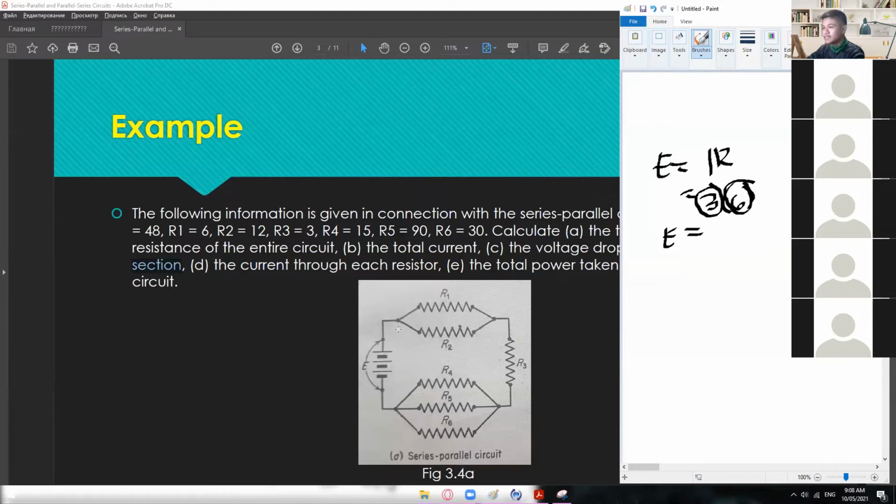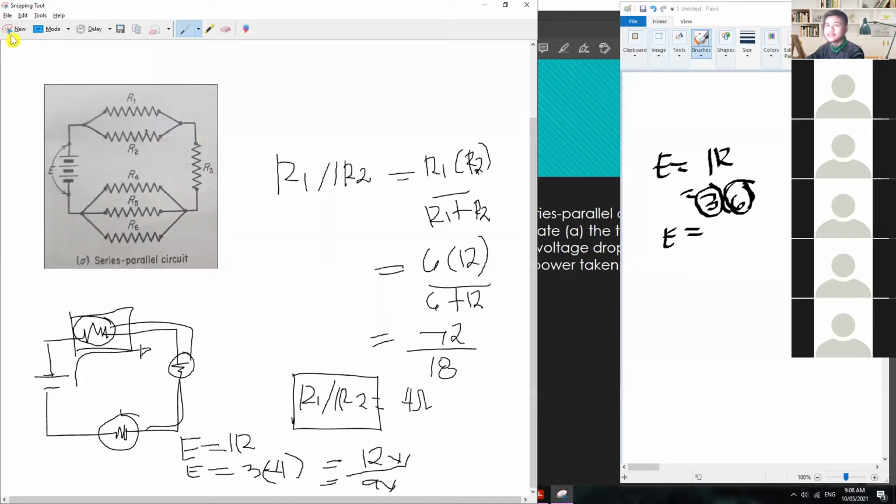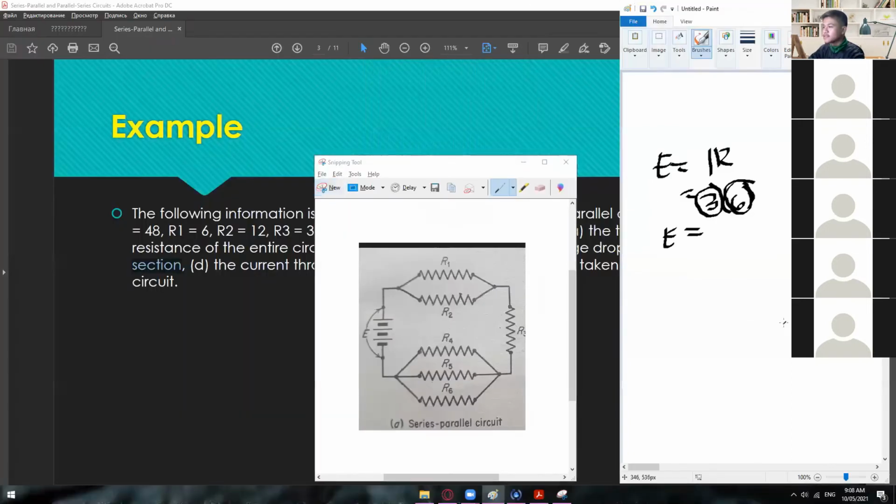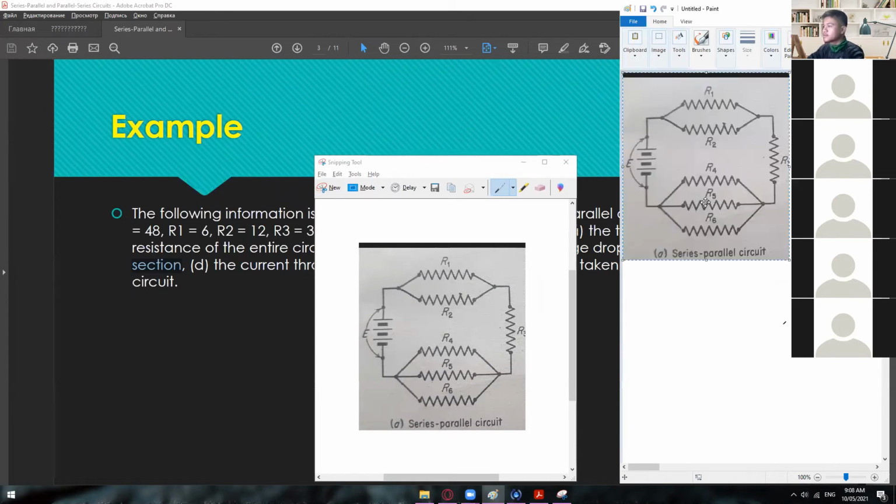Kasi dito, magi-split na mismo yung current natin. So magkakaroon tayo ng current dito and then another current in here.